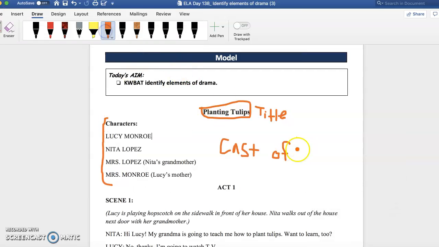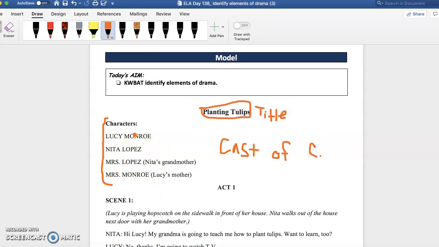And I'm not going to write the whole word characters. I'm just going to write C, the cast of characters. And the reason why this is the cast of characters is because it literally lists every single character that's in this play. I know that Lucy Monroe, Nita Lopez, Mrs. Lopez, and Mrs. Monroe are the characters in this play.